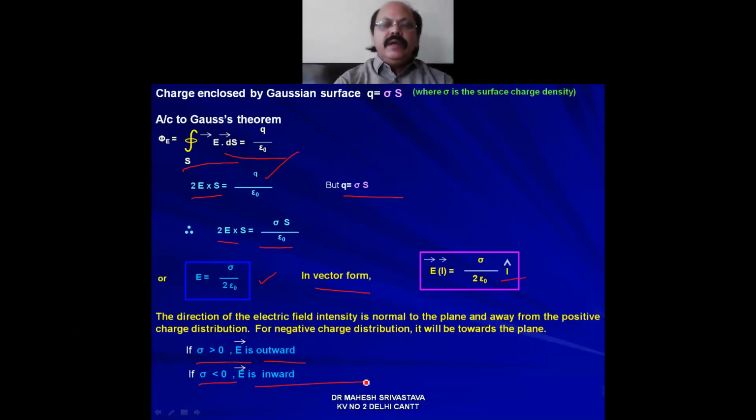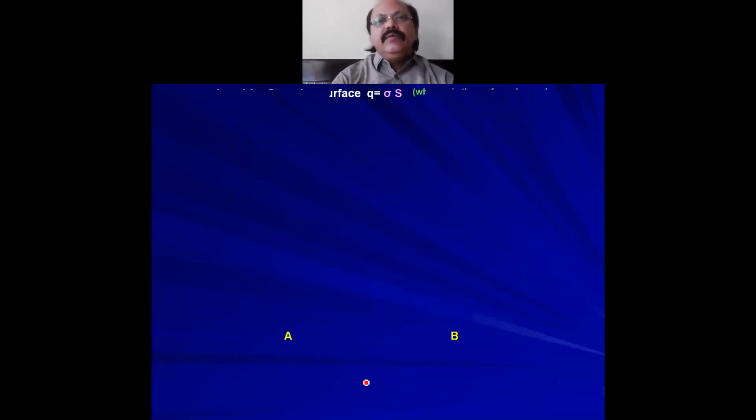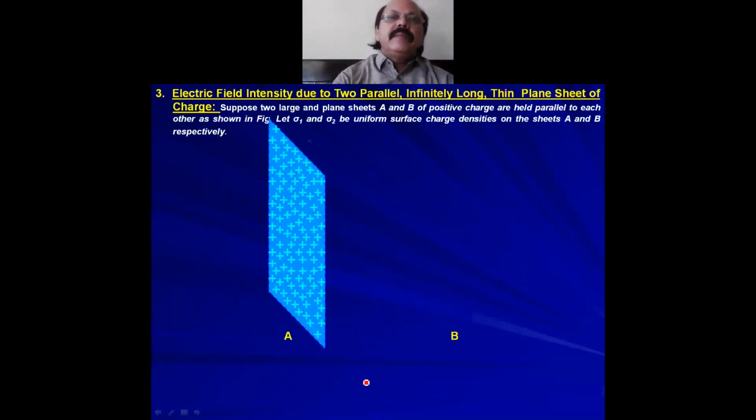Now in the next chapter you have to understand the concept of capacitance. For that purpose we have to take a special case in the form of the fourth application.